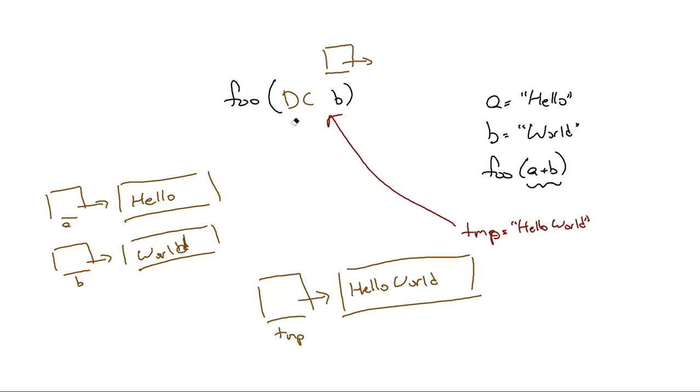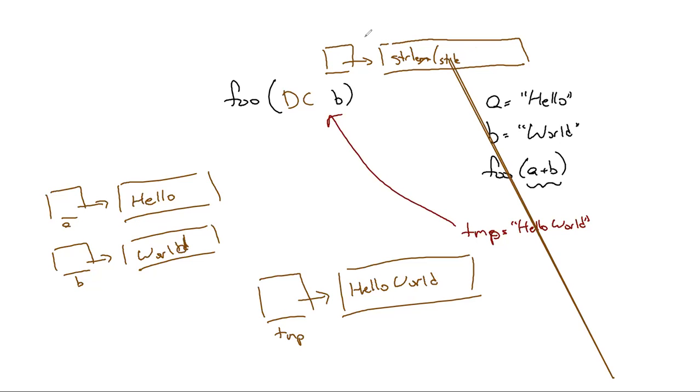Well, we all know that what we do is we take the B and allocate new memory for it at the size of strlen A plus strlen B, plus 1 for the null, right?